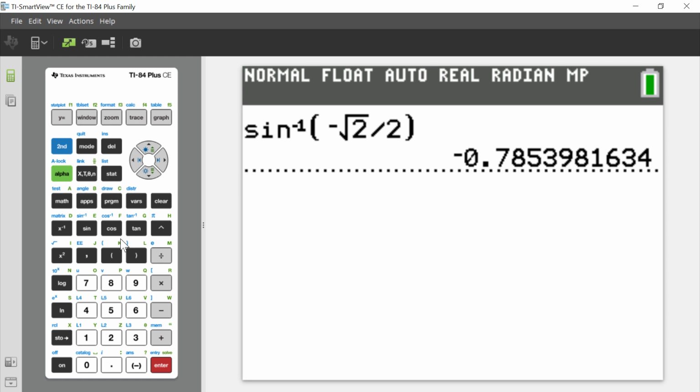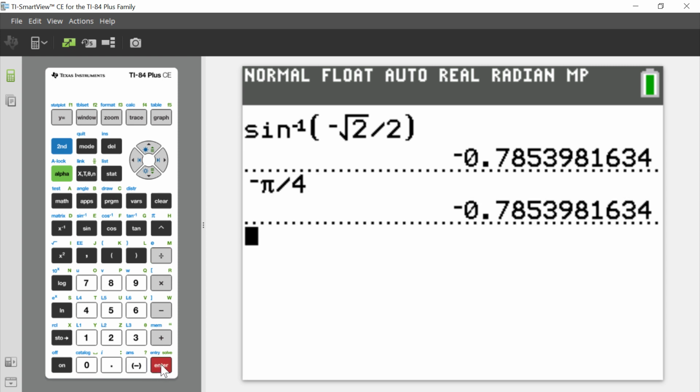Now based on the work we did, our answer is -π/4, so this should be the decimal approximation to -π/4. So I'm going to go ahead and hit the negative key and then type pi by doing second caret key, then division and 4, and when I hit enter, I can see that I get the exact same decimal value.